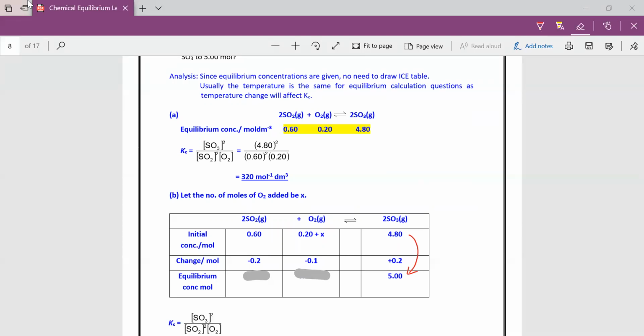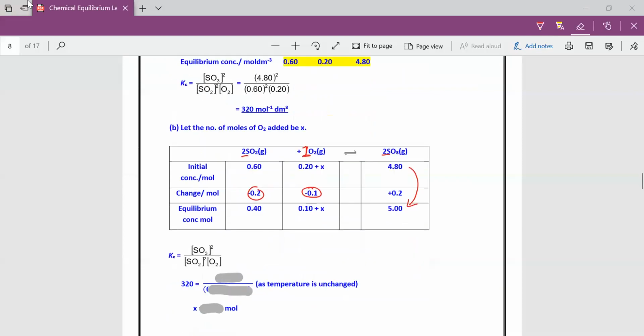For sulfur dioxide and sulfur trioxide it is the same amount, but for oxygen, it is half the amount of sulfur trioxide. That's the reason why it is minus 0.2 and minus 0.1. With that, we now have the expression for x at equilibrium.